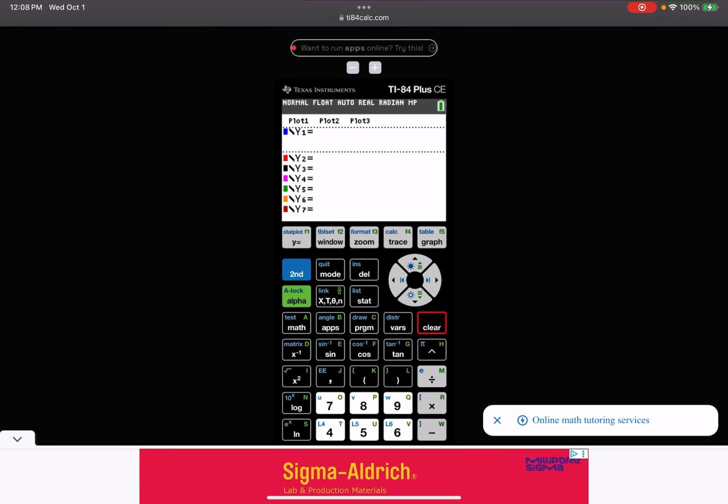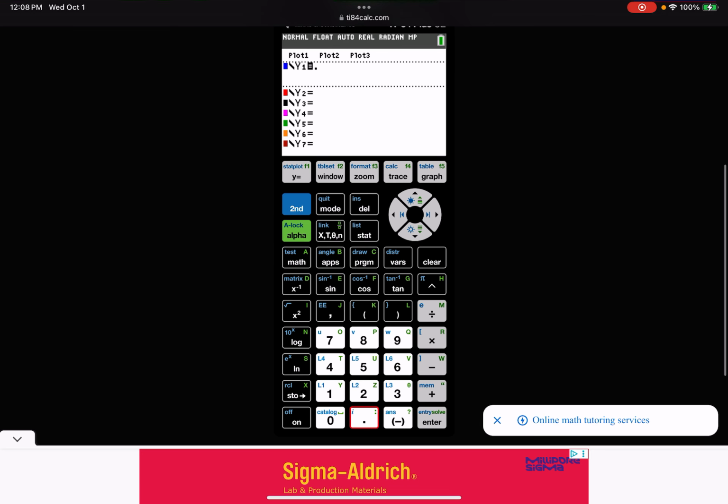So it was equal to 0.7x squared minus 45x plus 1320.2 plus a fraction, so I'm just going to put that in parentheses, 10,000 divided by x.